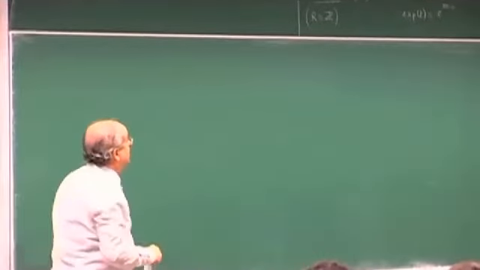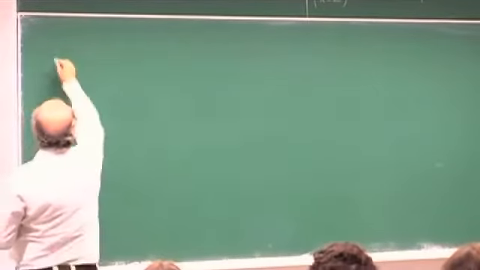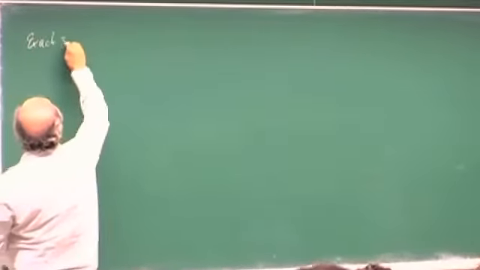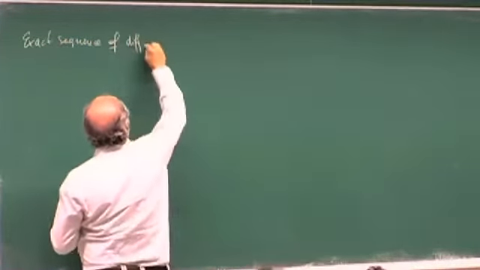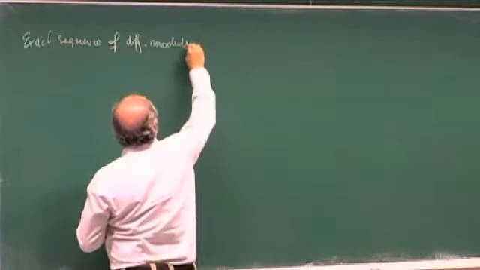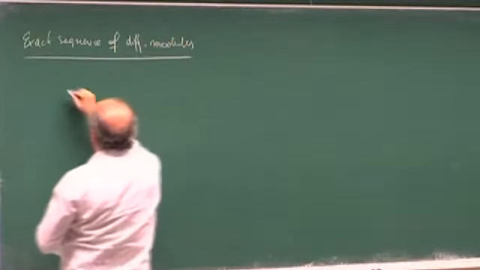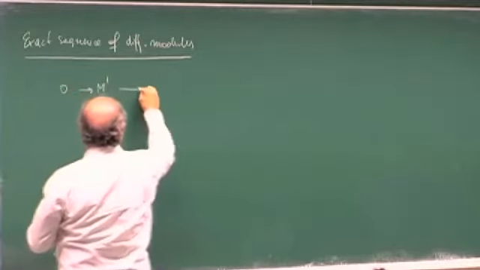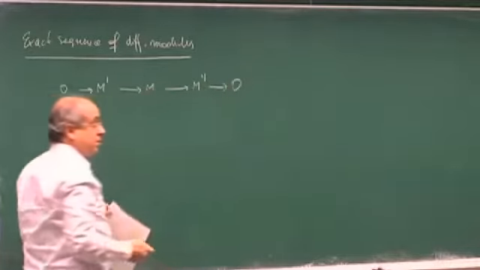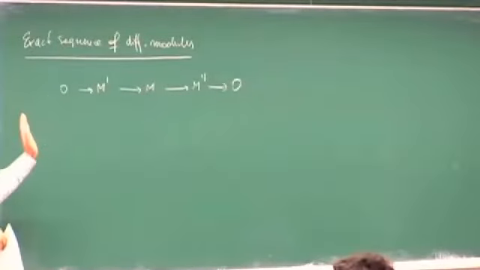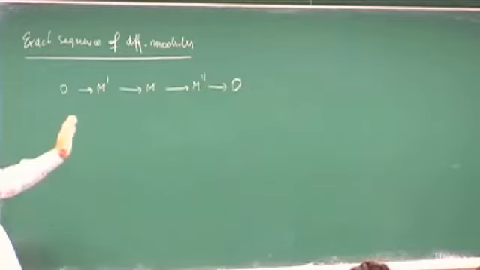Now, we put the two notions together, and an interesting situation arises when you have an exact sequence of differential modules. So this means that you have an exact sequence of modules. But in addition to this, every module has a differential, making it into a differential module.